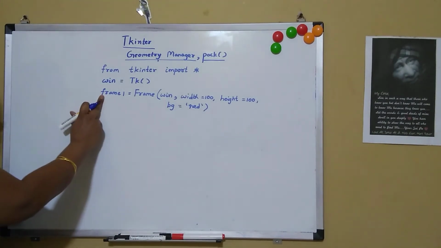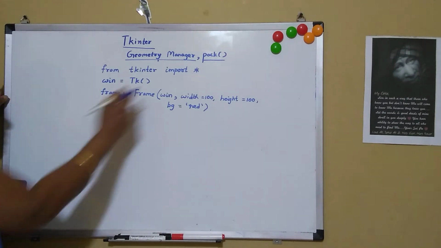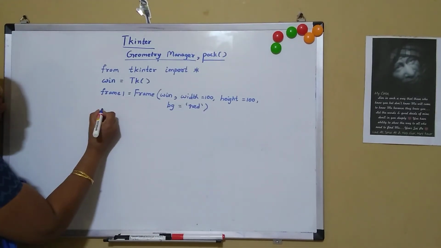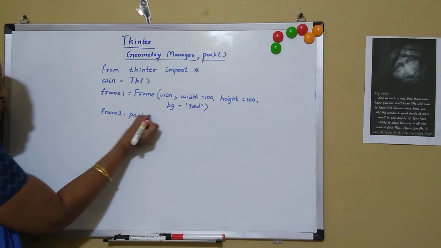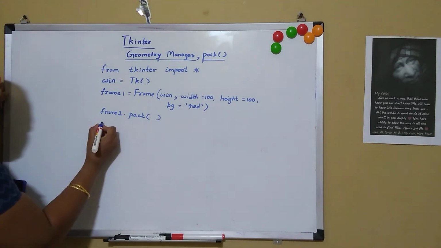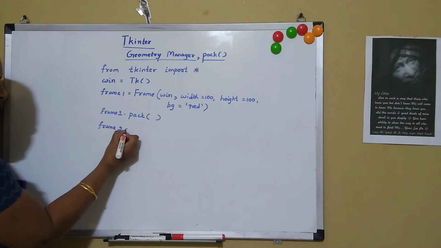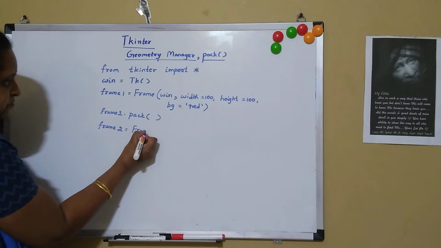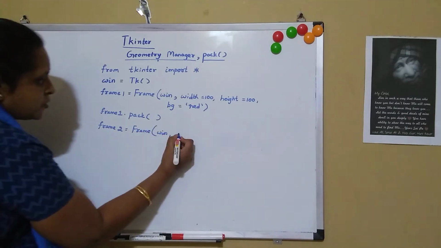After creating the frame widget, now I have to give the pack statement to pack it at the specified position. So let me say frame 1 dot pack, and I am not specifying any parameters, so it will take the default parameters. Similarly, let me create my second frame equal to frame. Even this I am placing in my main window.